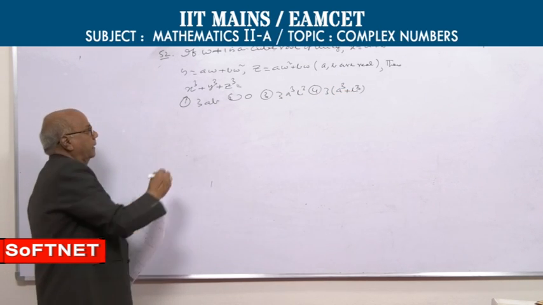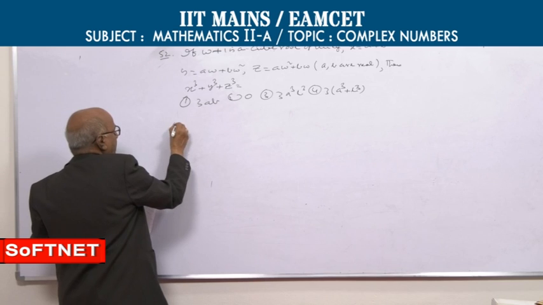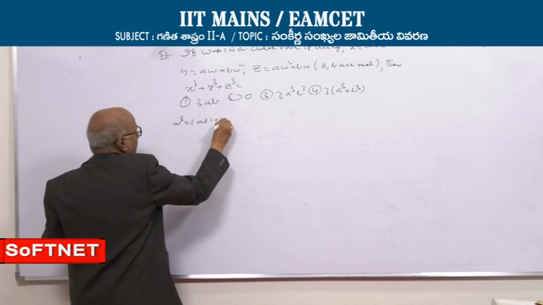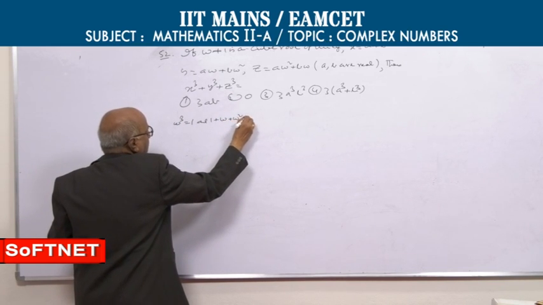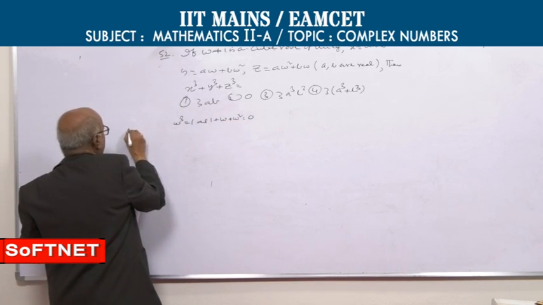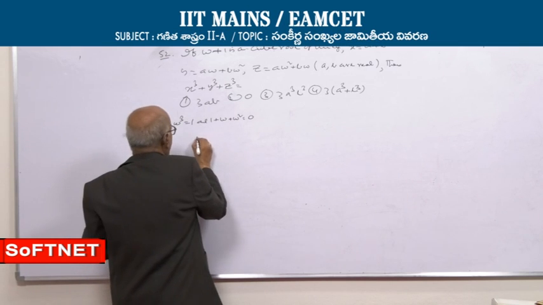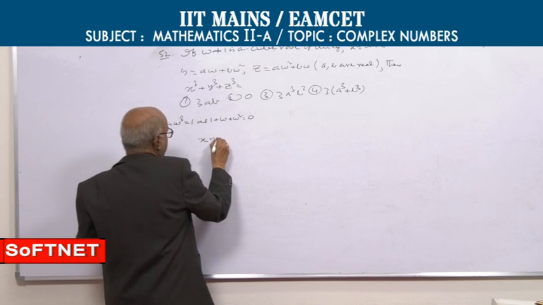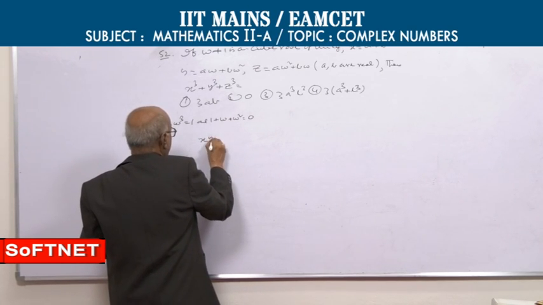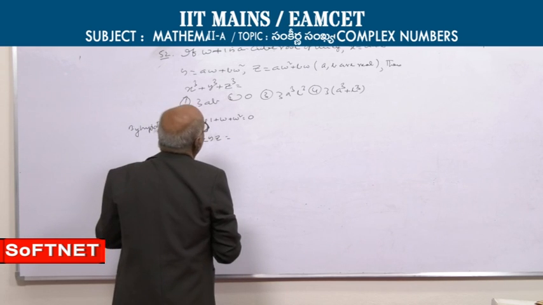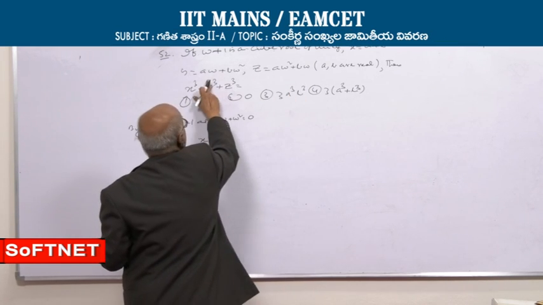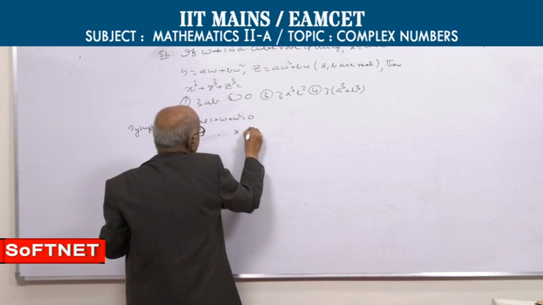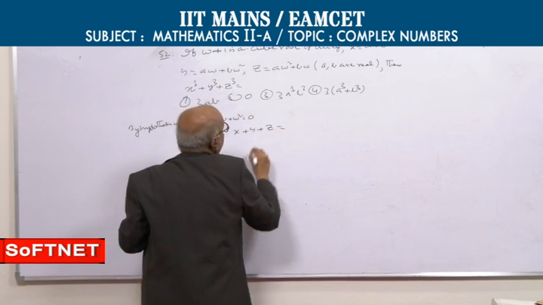Okay? Right. Now, again by hypothesis omega cubed is equal to 1 and 1 plus omega plus omega square is equal to 0. Now, for x cubed plus y cubed plus z cubed, we will take xyz, where x is this, y is this and z is this. So therefore, take x plus y plus z.